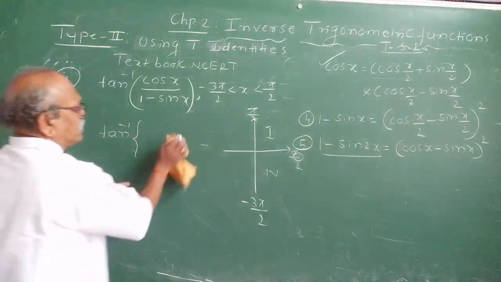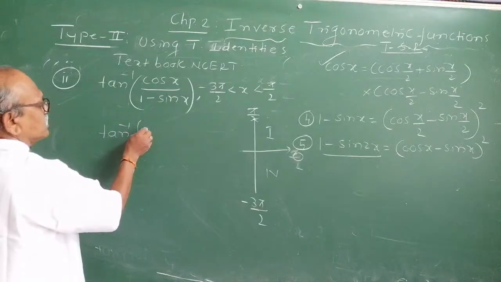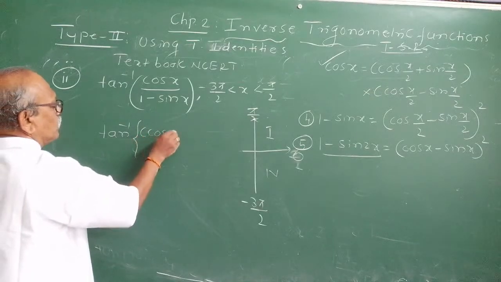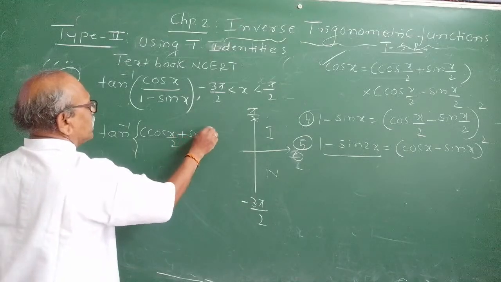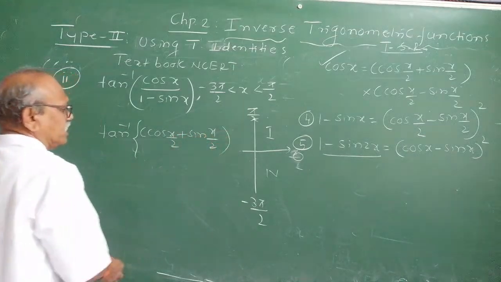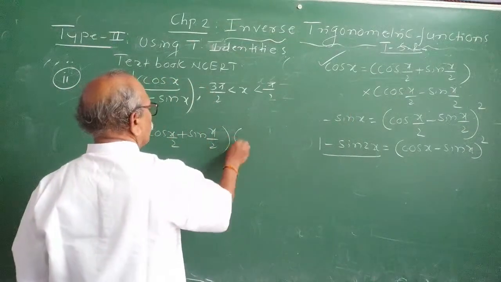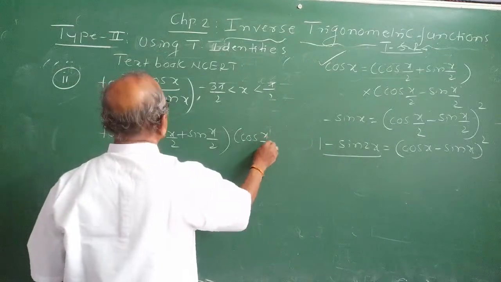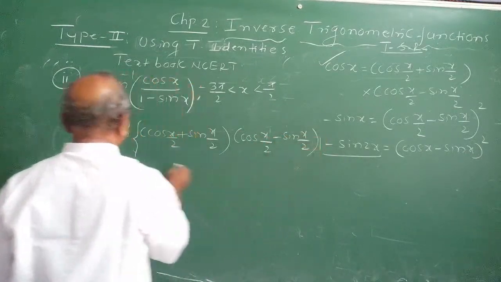Cos x can be written as cos x by 2 plus sin x by 2, into cos x by 2 minus sin x by 2, similar type of problem given and solved in your textbook, divided by.